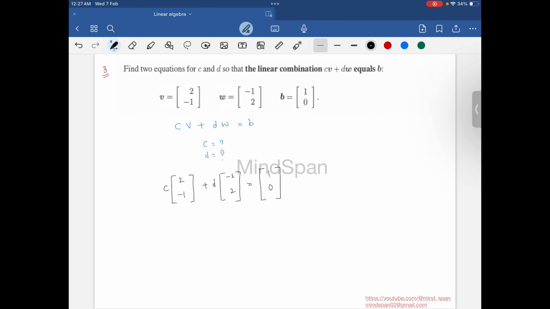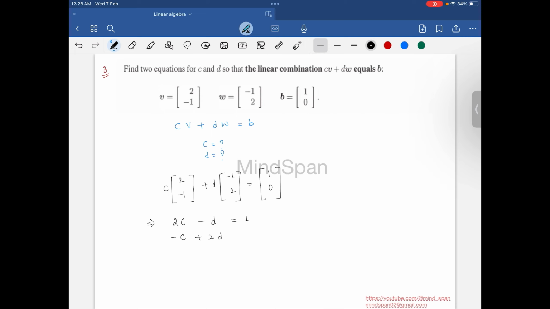So for what value of c and d, we can write this as 2c, scalar multiplication, remember, plus minus d, and here we will have minus c plus 2d.